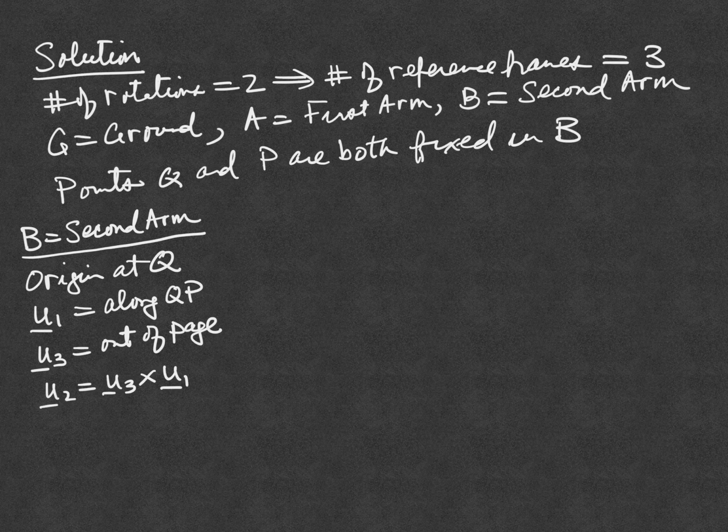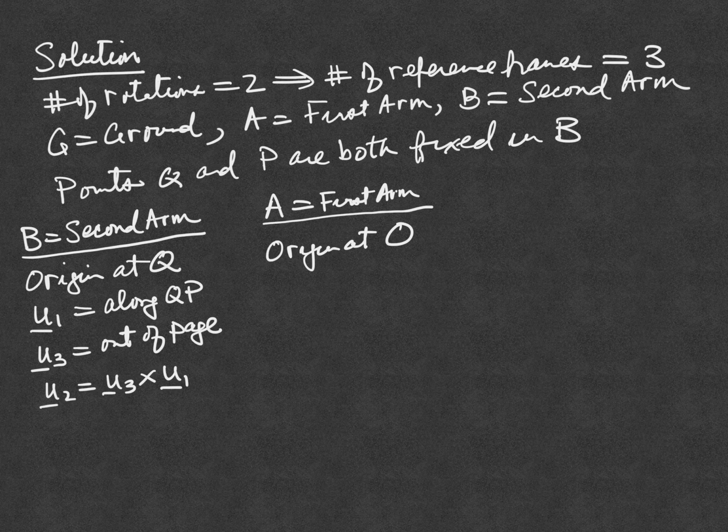Now we're going to do A, which is the first arm, and this coordinate system is going to have its origin at O. So O is fixed to the first arm. Q is also fixed to the first arm, but we can't really measure distances from point Q because it's the end of the first arm.